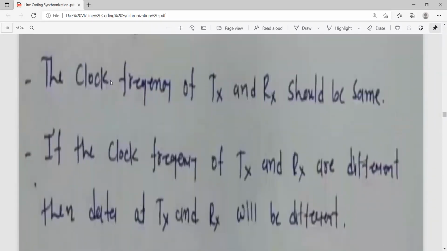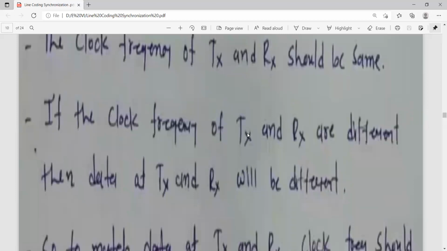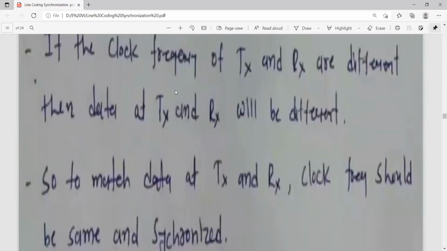So let us assume the clock frequencies of TX and RX, that is, the sender clock and the receiver clock. The clock frequency of the transmitter and receiver should be the same. Both clock frequencies must be equal. If the clock frequencies of TX and RX are different, then the data at TX and RX will be different.